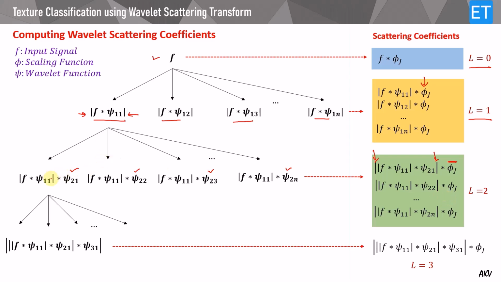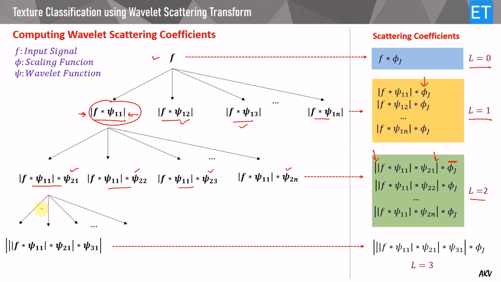So this is done for all the coefficients, and so on. Okay, this is what I have shown only for this node. The same operation is done for this node, and so on. So here each node is expanding. So at level 2, you are getting all the coefficients which are obtained from all the nodes.